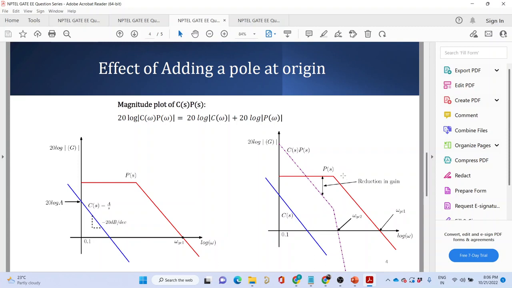The expression is 1 minus e to the power minus zeta omega n t, divided by root over of 1 minus zeta square, times sine of omega d t minus phi. So this oscillation, sine omega d t, these are the high frequency components. Are you getting my point? At steady state, you are not getting any high frequency component.